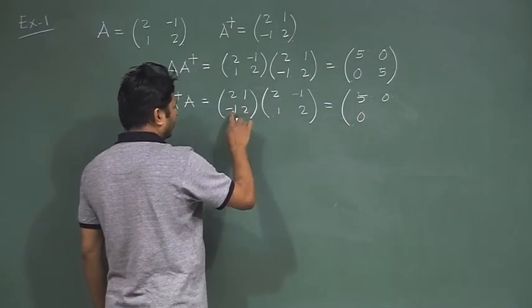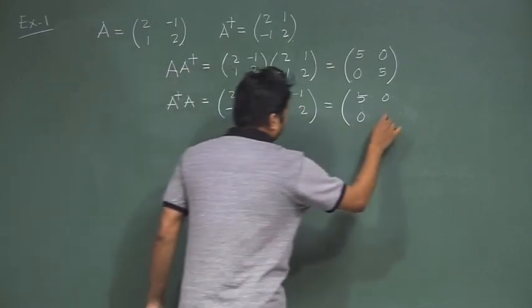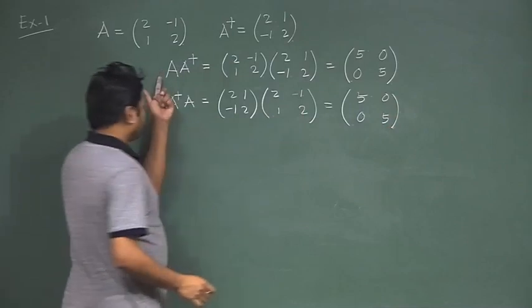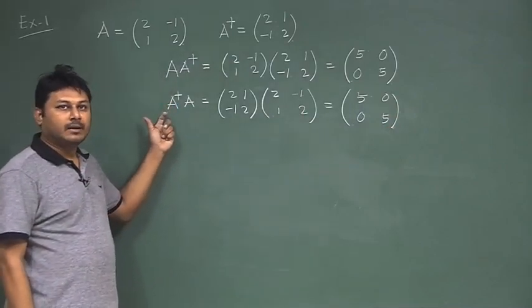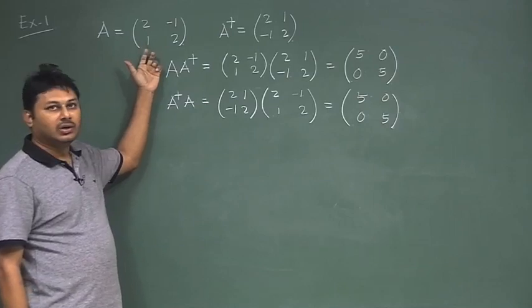And again 5. So these things and these things are the same. So I cross verify that this is a matrix which is normal.